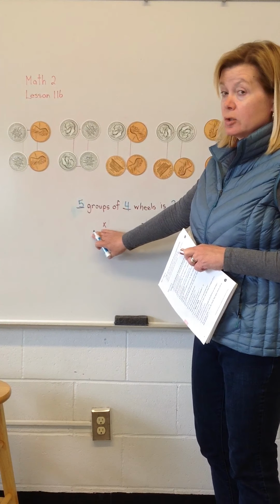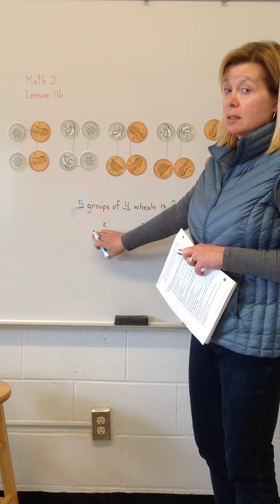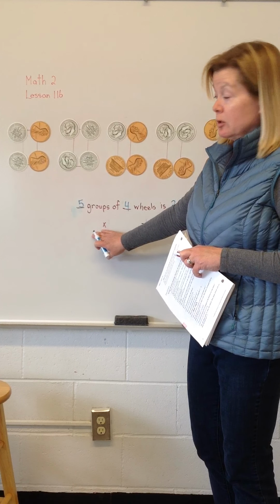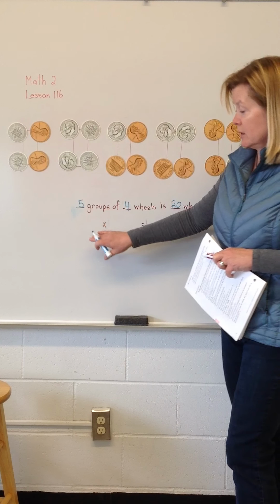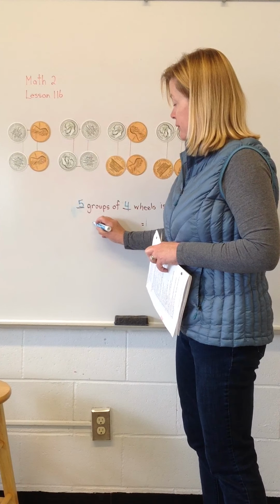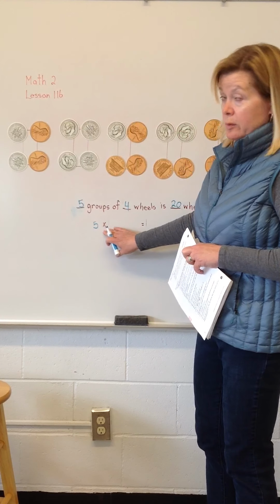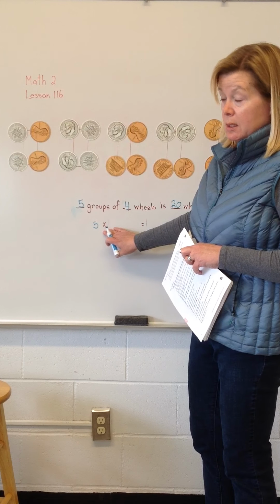Okay, next you have the sentence that only has numbers and labels. They've used the multiplication symbol in place of groups of. So we have 5. Remember, mathematicians like to use symbols instead of words.